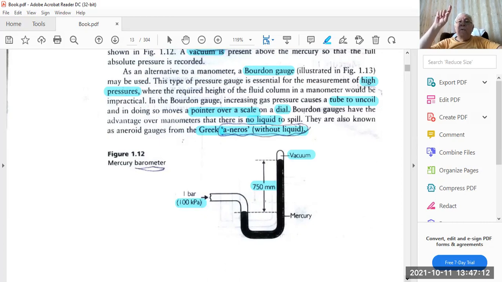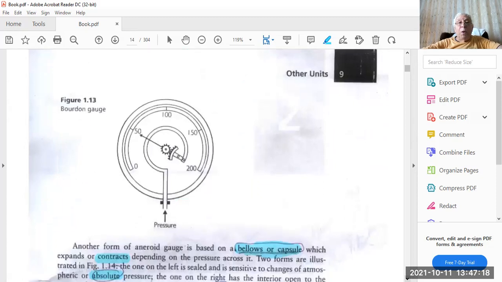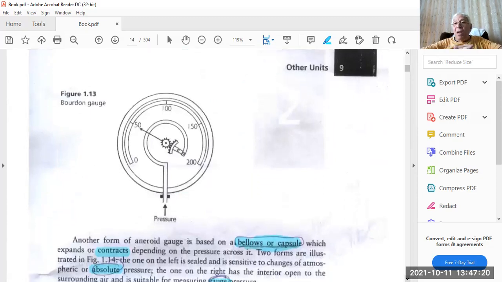The two devices used to measure high pressures begin with what we call the Bourdon gauge device. It is based on a large hollow tube, as we can see. This hollow tube is attached to a gear system. The gear system is attached to a pointer on a scale.